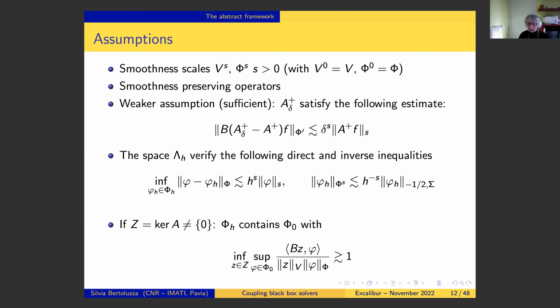So I assume that there is a fixed space phi 0, which controls the multipliers Z. These are the elements of the kernel of A, and this is contained in all my discrete spaces. And it satisfies an inf-sup condition of this form.